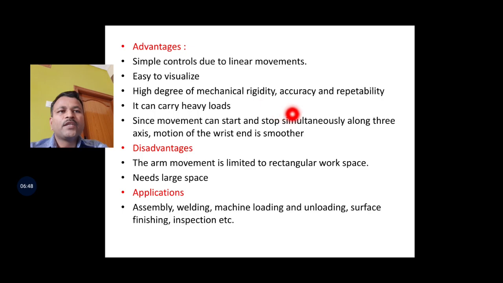Next, accuracy. In the last class I told you about accuracy. Accuracy means the degree of closeness to the true value. So repeatability means repeatedly giving the same value. It will not make any kind of mistakes.